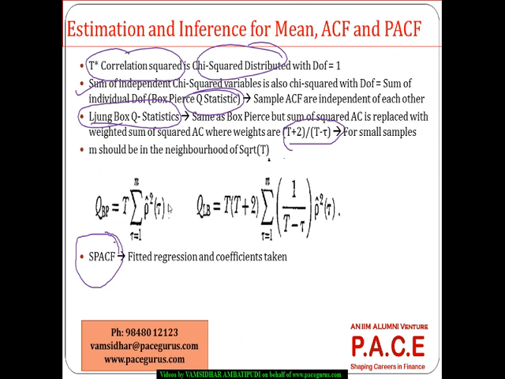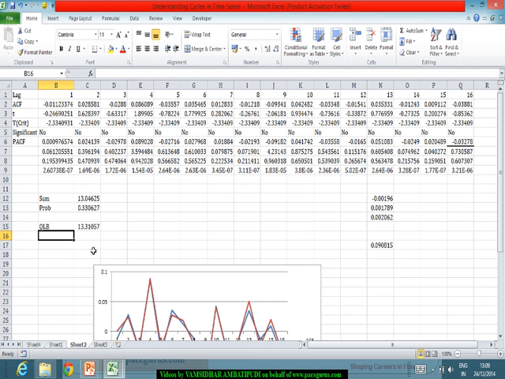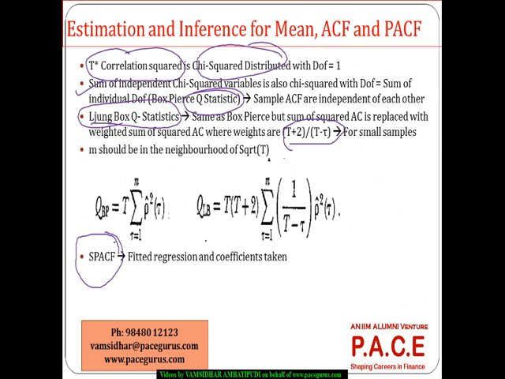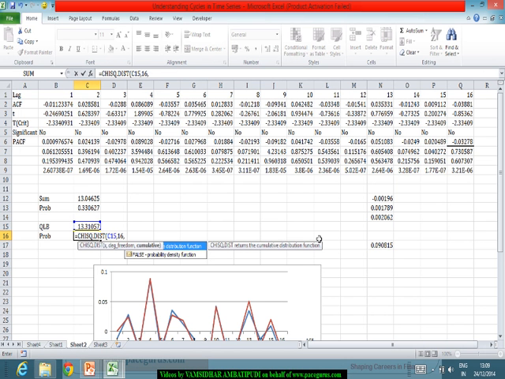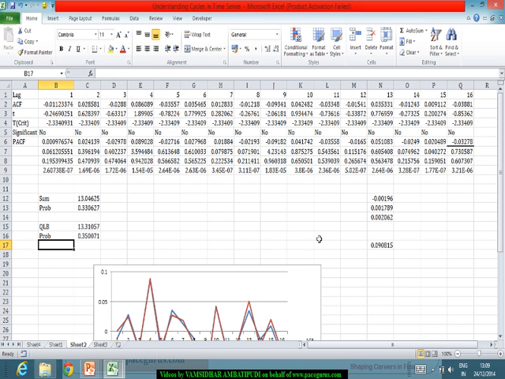The same I am trying to apply. This is more and more applicable if the sample size is much smaller, and even in this case I am trying to find out the probability with respect to the chi-square distribution, looking at it with 16 degrees of freedom. Again, the degrees of freedom remain the same, and even this is within the 95% limit itself.